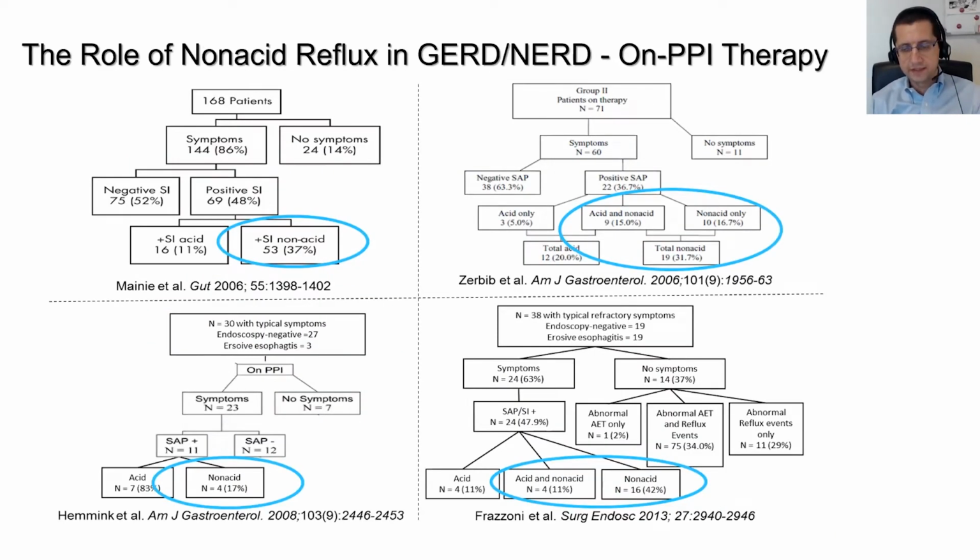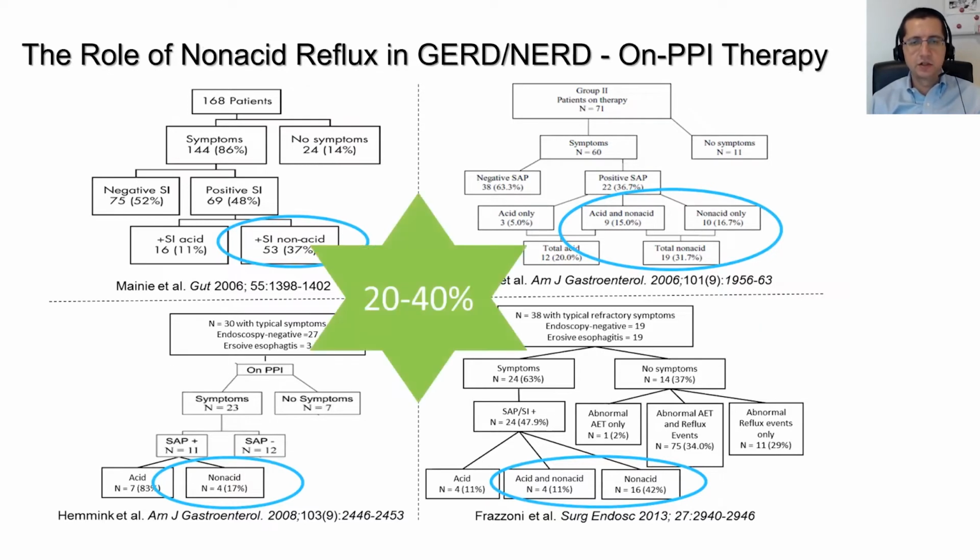Of course, testing off PPI therapy means that patients have more non-acid reflux episodes, and this increases our ability to correlate symptoms to non-acid reflux episodes. In these terms, the additional yield of impedance pH testing over pH testing only can rise to 20 to 40%.